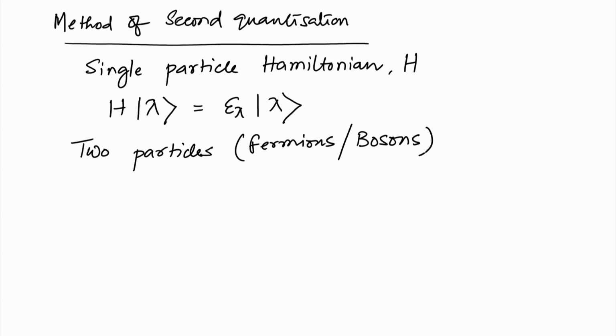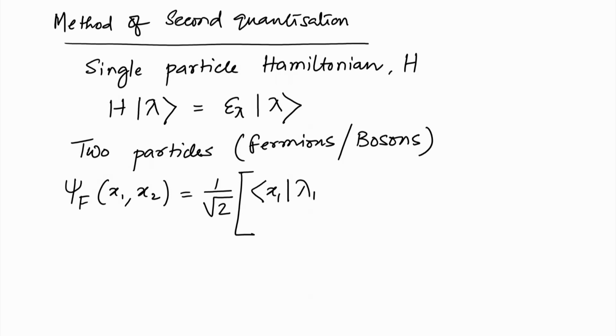One can write down a psi for a fermion at x 1 and x 2, which is equal to 1 by root 2 times x 1 lambda 1 and x 2 lambda 2. I'll use both notations. Whatever that state lambda is, we are writing it in terms of the space variable.